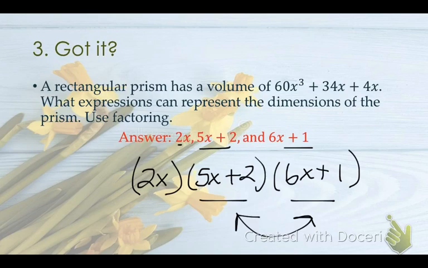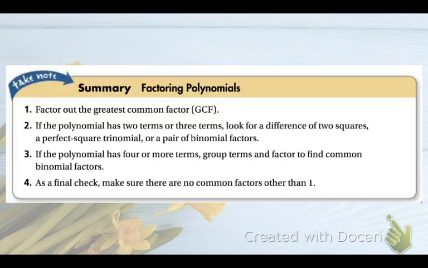At this point, okay, just a quick review or summary of what we have done so far. We have factored out the greatest common factors. That's kind of where we started with this factoring chapter. If a polynomial has 2 terms or 3 terms, we've looked for difference of squares, perfect squares, binomial factors. We've done all kinds of things.